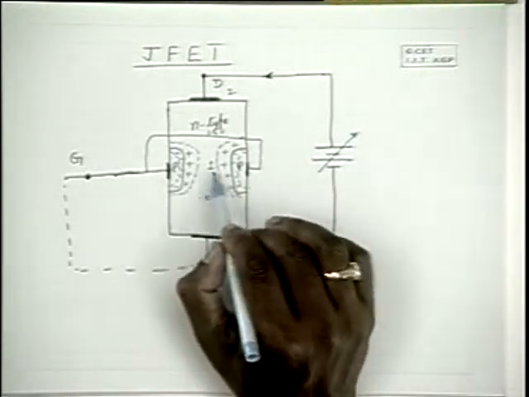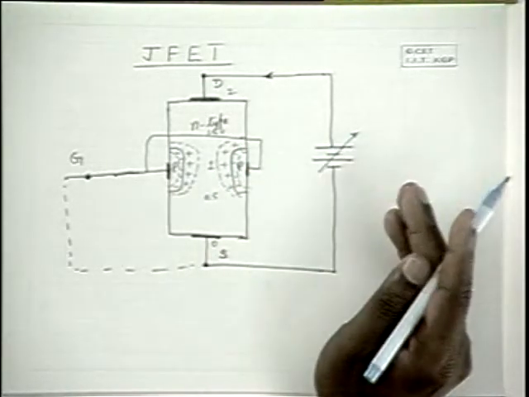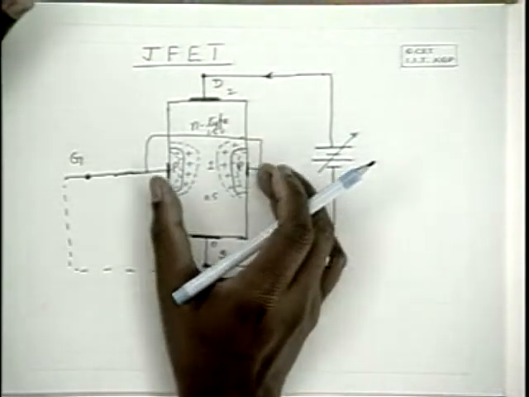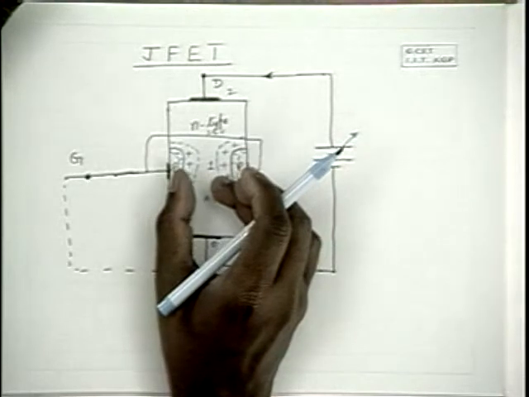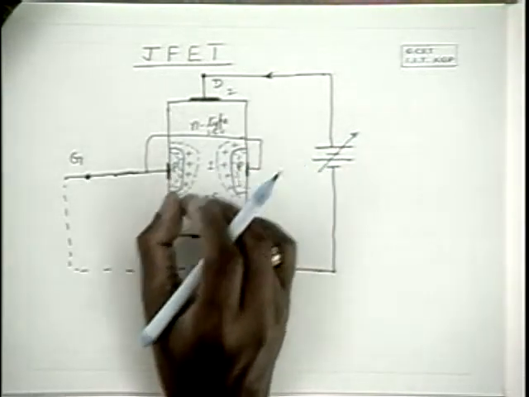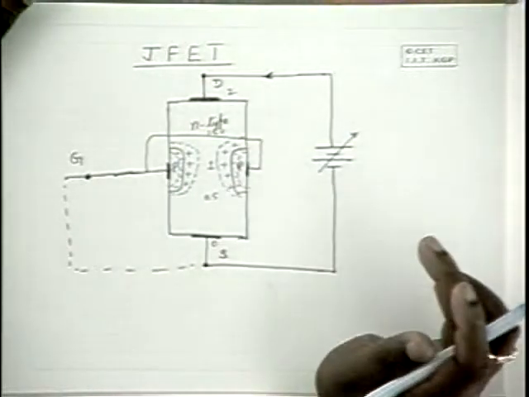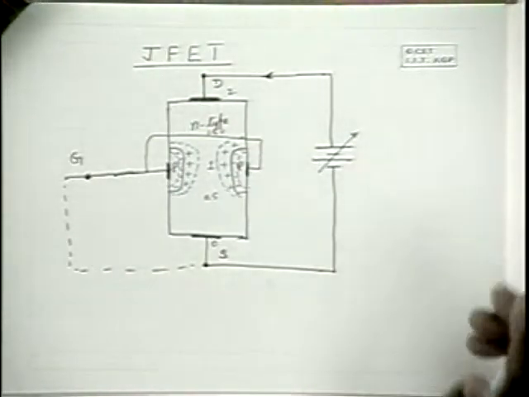Then when the space charge extends deeper into the n-type bar because of this voltage difference, its resistance increases and current remains almost constant.